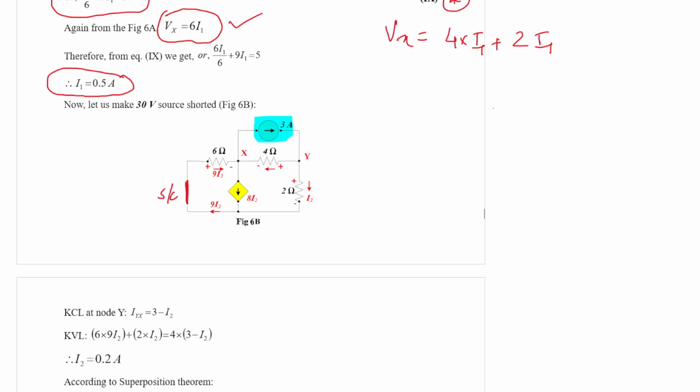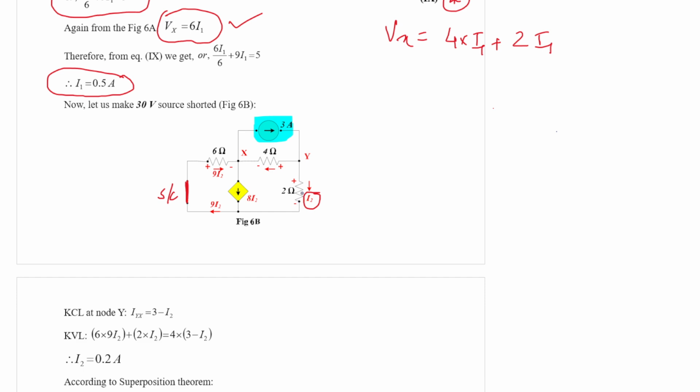Let us consider the current flowing through this 2 ohm resistance as I2. Then the current flowing through the 4 ohm resistance must be 3 minus I2.